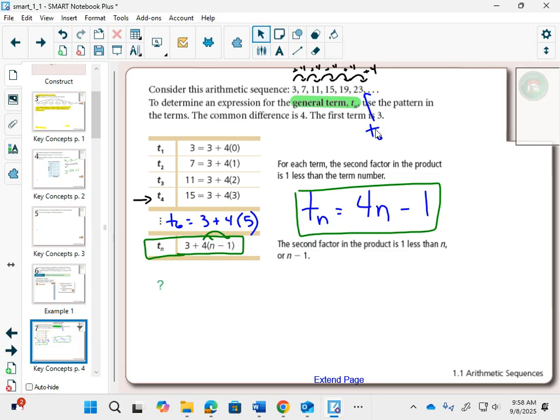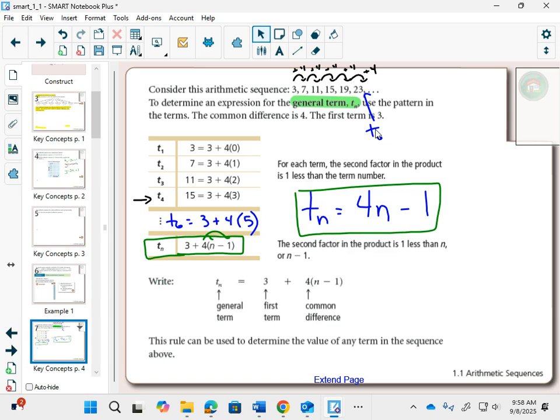The first one is like the unsimplified version. A lot of people use that one more because it's on your formula sheet. The second one is not on your formula sheet, but it's already simplified, which is sometimes nice to use. You can choose whichever way you like best. But the first one will be on our formula sheet.